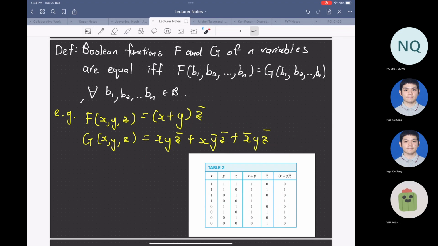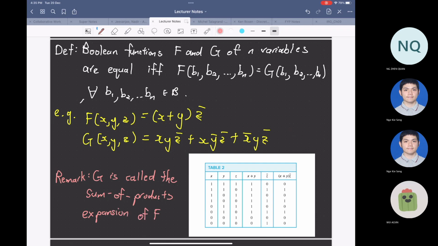Actually, these two have a relation, which is what we call the sum of products expansion. If you want to look at your textbook, G is called the sum of products expansion of F, and this is in section 12.2.